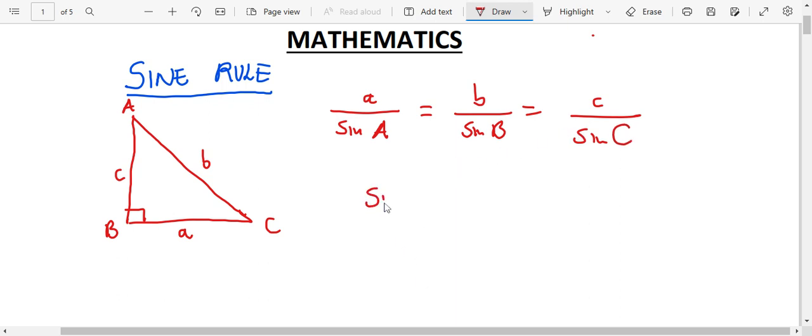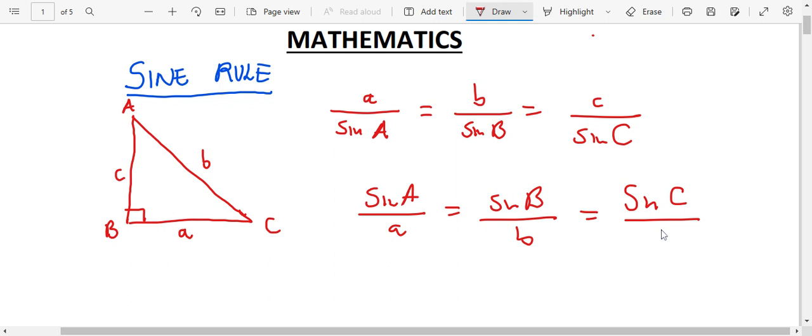We can also say sine A divided by a is equal to sine B divided by b, which is equal to sine C divided by c. You need to know this because it is mostly there in the exam. If it doesn't come in paper 2, then it will be in paper 1. So you need to know, right? So this is the sine rule.